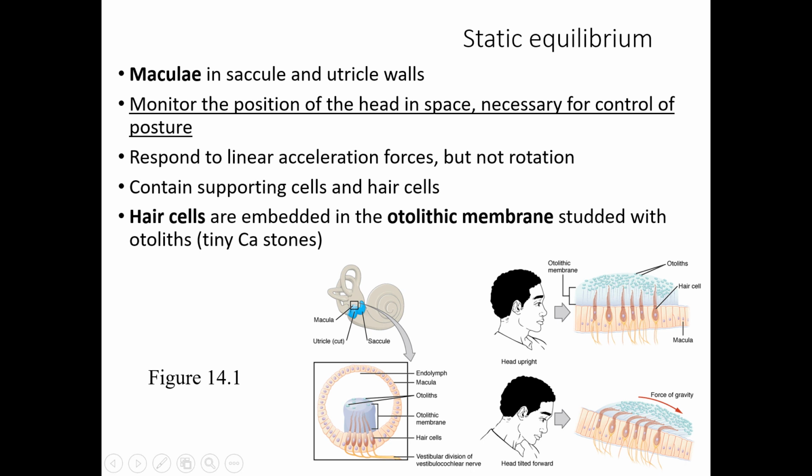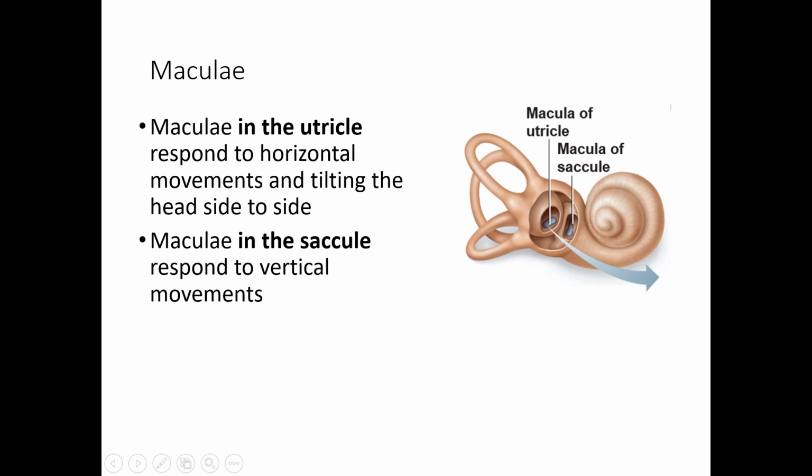Whenever that otolithic membrane is moving, the hair cells produce action potentials, and the signal is transferred through the vestibular portion of the vestibular cochlear nerve. The macula in the utricle responds to horizontal movements, and in the saccule, the macula responds to vertical movements.